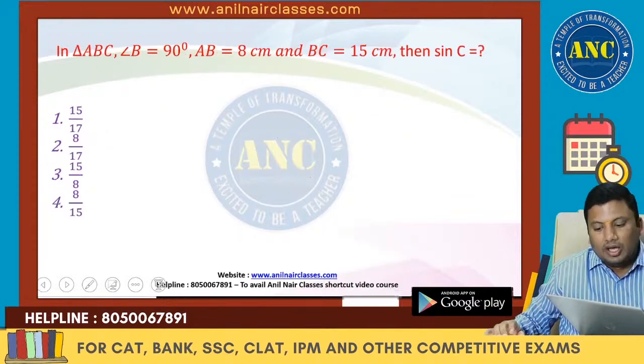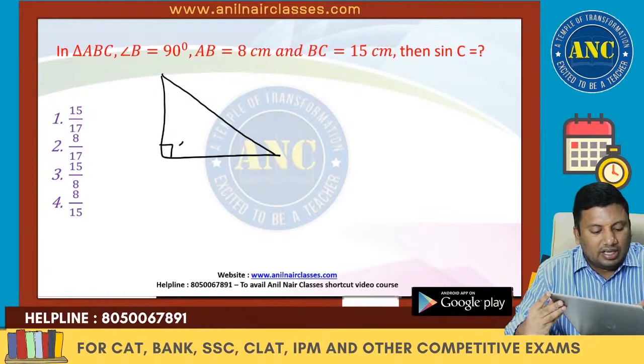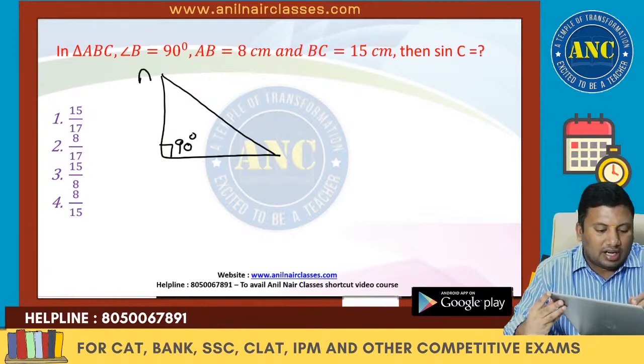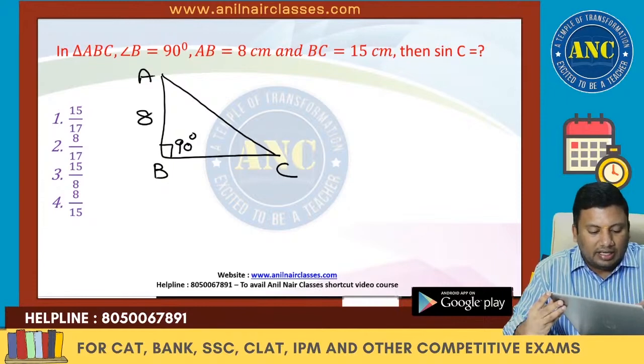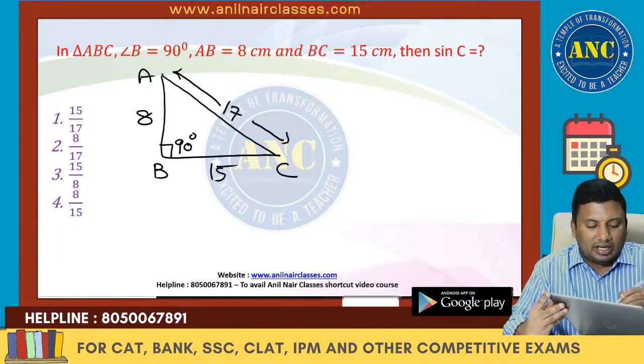Next one. In a triangle ABC, angle B is 90 degrees. This is 8, this is 15, and BC is 17 according to the Pythagorean triplet.